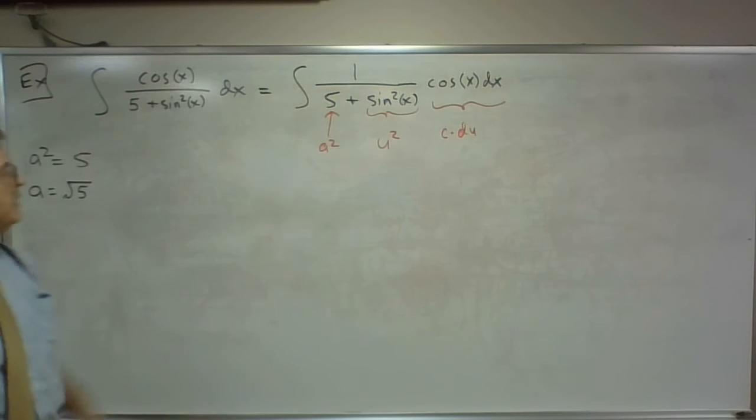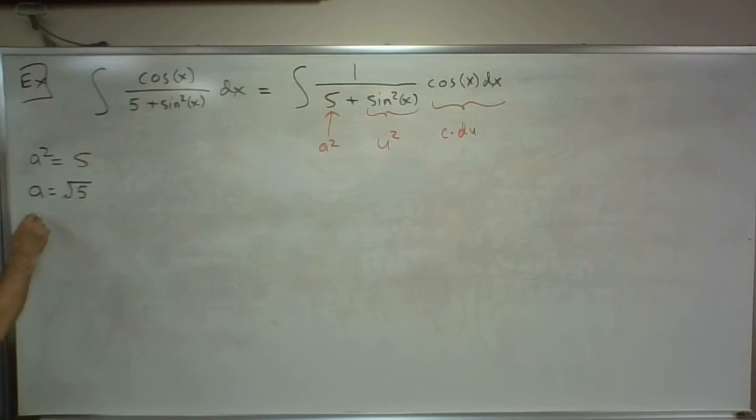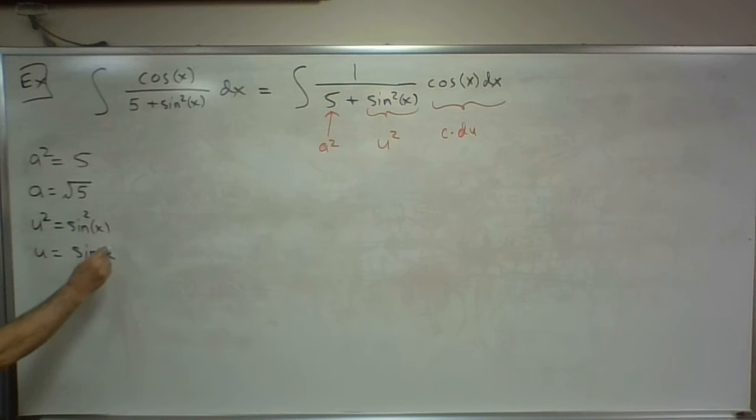U squared is sine of x. So U squared is sine squared of x. So U is sine of x. And du dx is cosine of x. Ooh, this is working out nice.